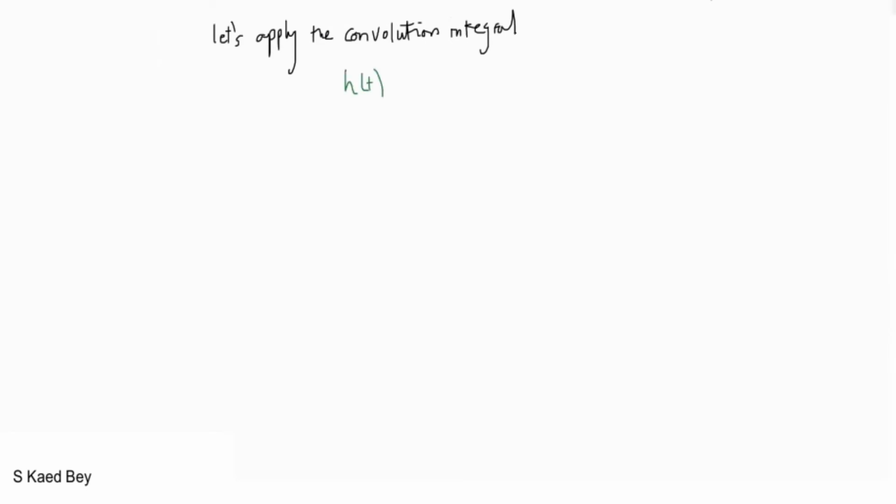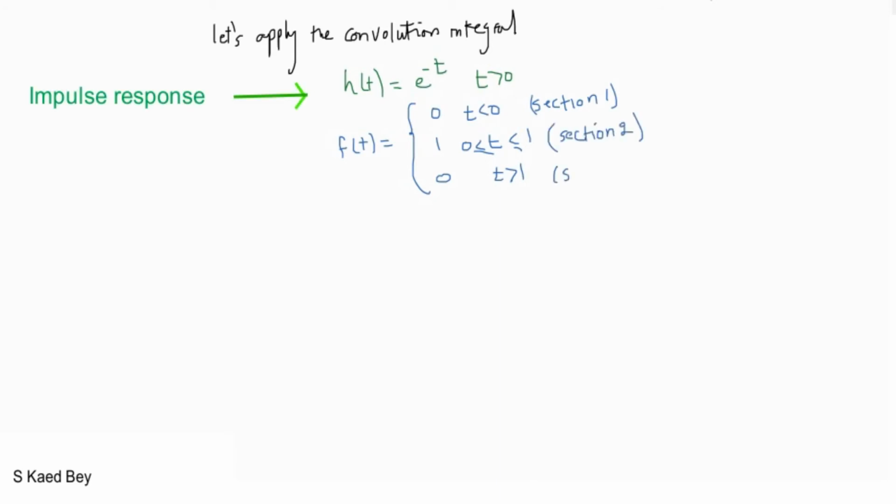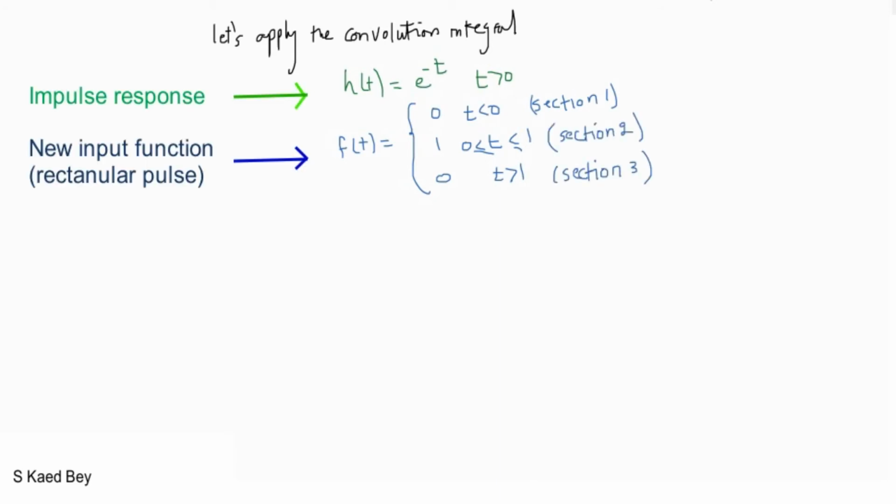To find the output of the water tank level system using the convolution integral with the impulse response h of t equals exponential of minus t to the input shown in blue, f of t, we will use the convolution integral shown here.